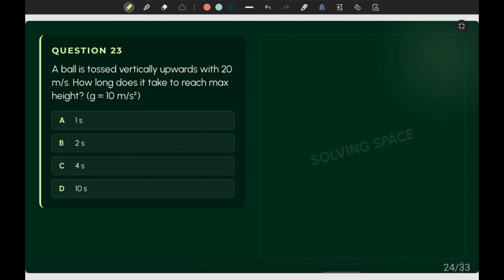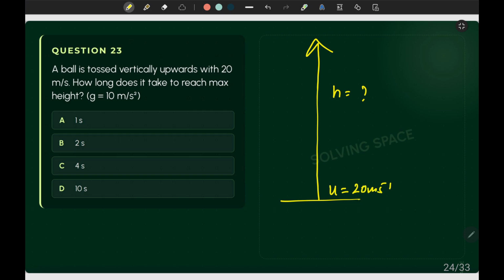A ball is tossed vertically upward with 20 meters per second. How long does it take to reach maximum height? The initial velocity is 20 meters per second.